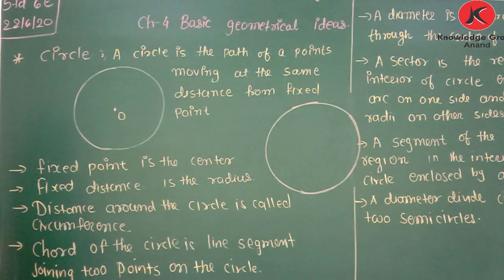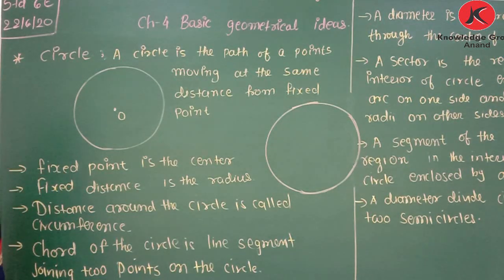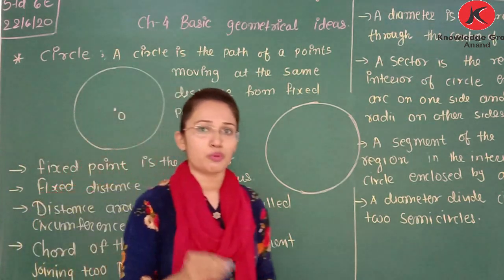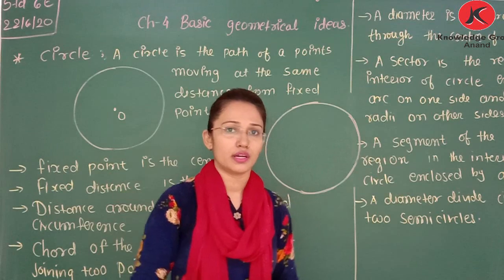A circle is a path of points moving at the same distance from a fixed point. The circle is a path from the fixed point, drawn with the same distance.